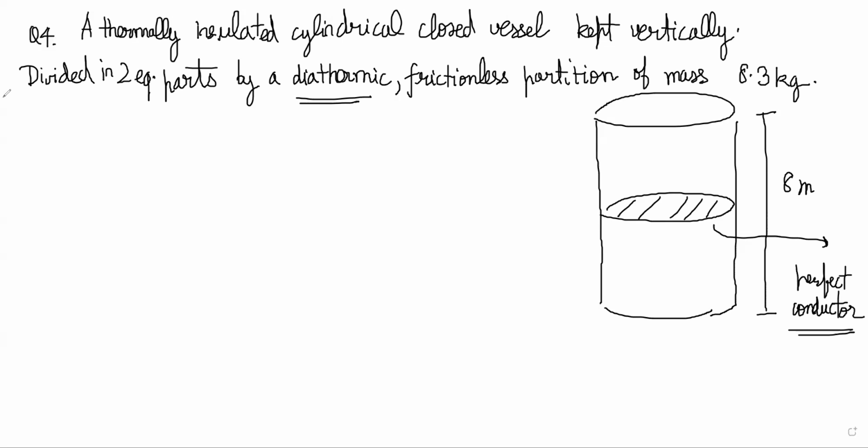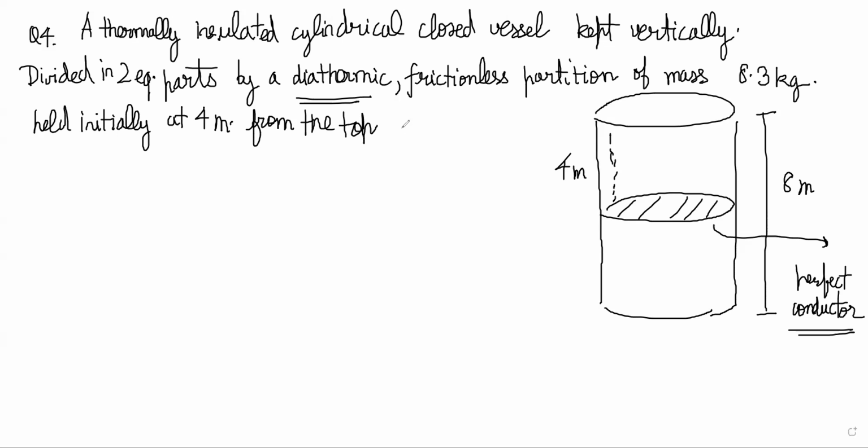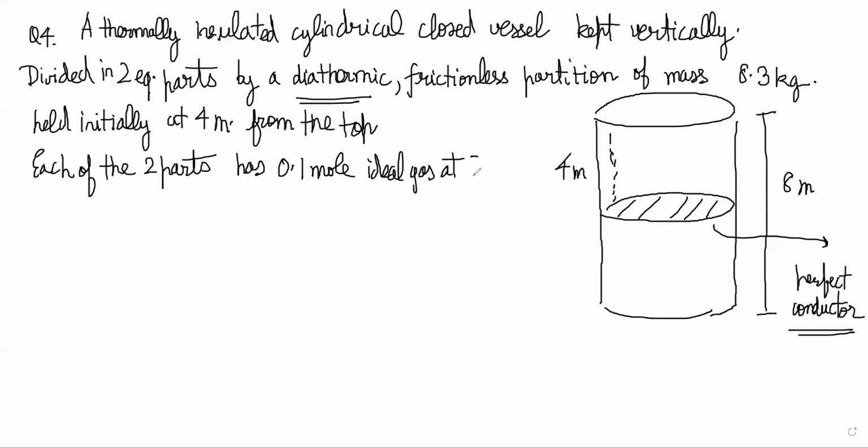The partition is held initially at a distance of 4 meter from the top, as shown in the figure. Each of the two parts has 0.1 mole of ideal gas at 300 Kelvin.